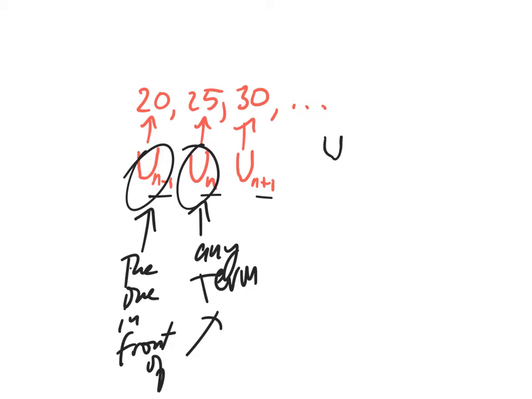So, anybody understand why I'm going to say u sub 1 is equal to 20? Are you speaking this language now? Do you get what I just wrote there? U sub 1 equals 20. That's saying your first term is 20. What do I mean when I say this then? U sub n is equal to u sub n minus 1 plus 5.